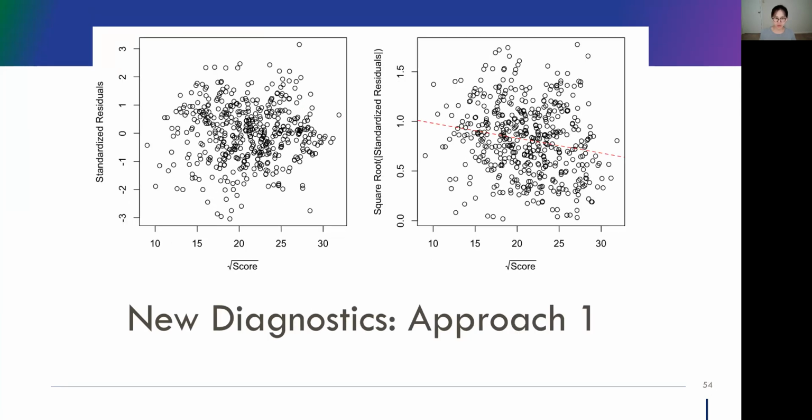Let's look at the diagnostic with this approach 1 transformation. This one looks okay as well, but it shows a steeper downward direction for the standardized residual, which means there is a little bit of trend here, even though it's not really obvious.